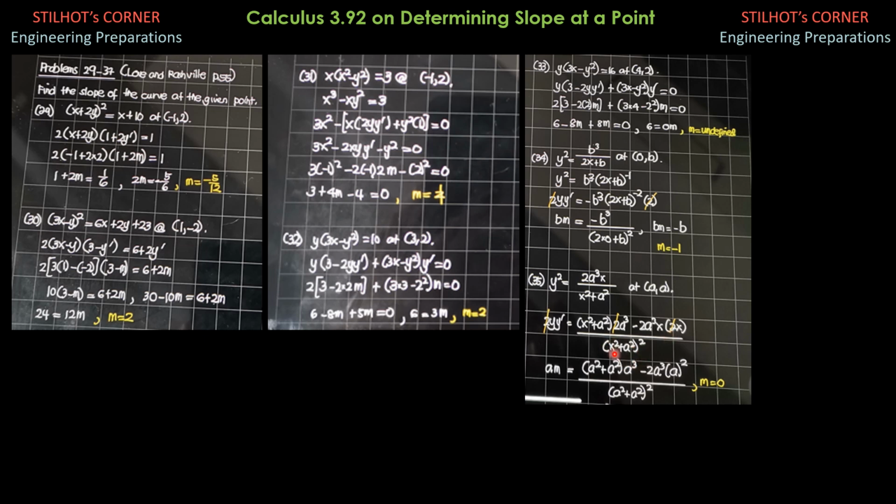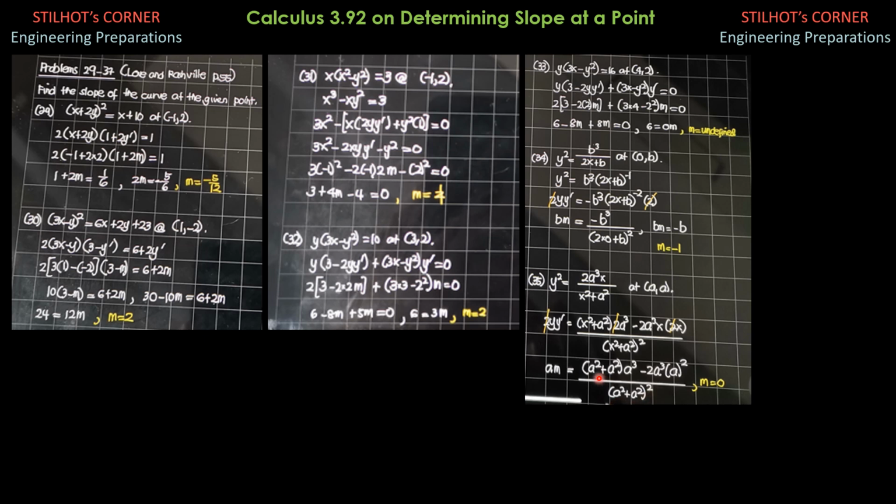Substitute the value of x and y, so y is a, x is a, so a times y prime, which is m, equals quantity a square plus a square times a cube. We take note that we already canceled 2, then minus 2a cube times x square, where x square is simply a square, divided by quantity a square plus a square close square.